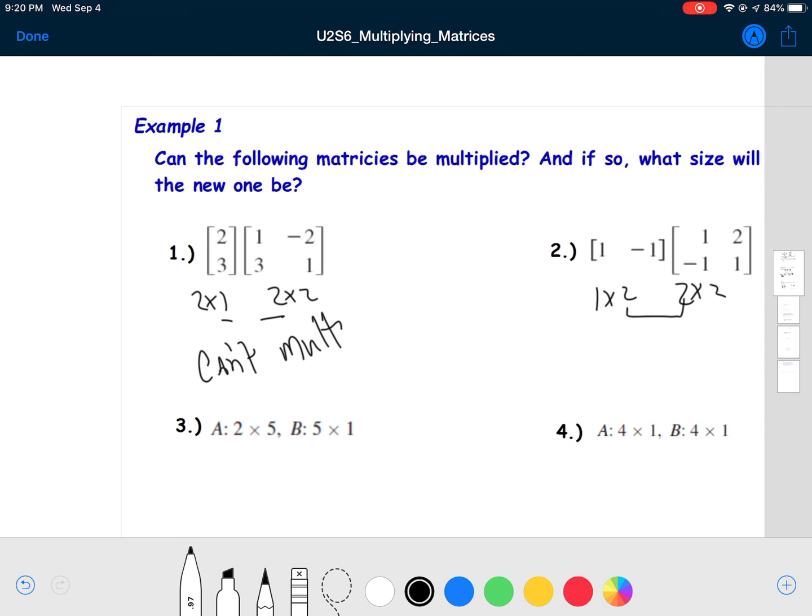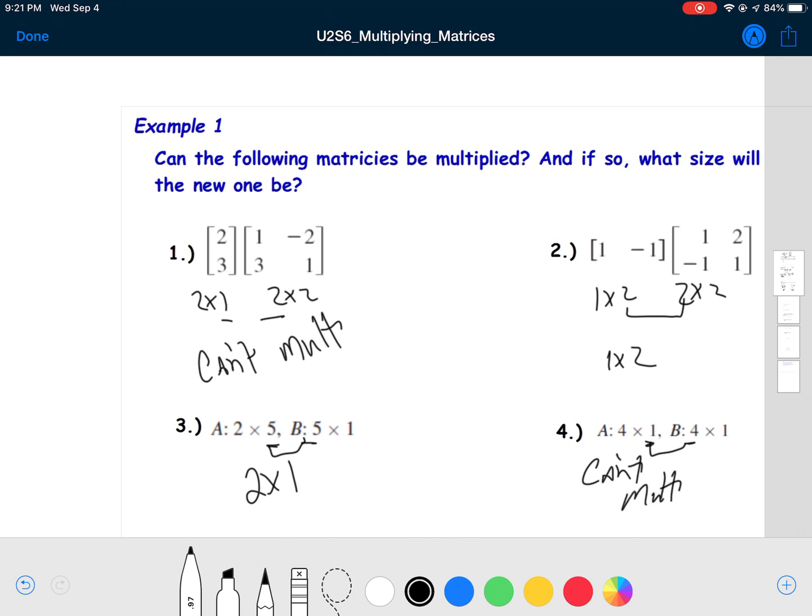Those are the same, and my resulting matrix would be a 1 by 2 matrix. Here we go. I've got 5 and 5, those are equal, and my resulting answer would be 2 by 1. Okay, 4 by 1 and a 4 by 1, they're not the same again, so I can't multiply.